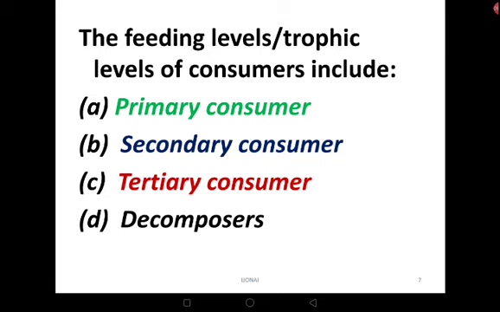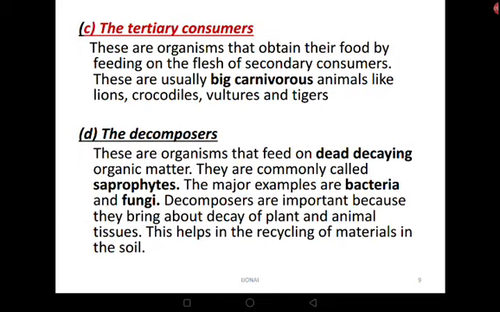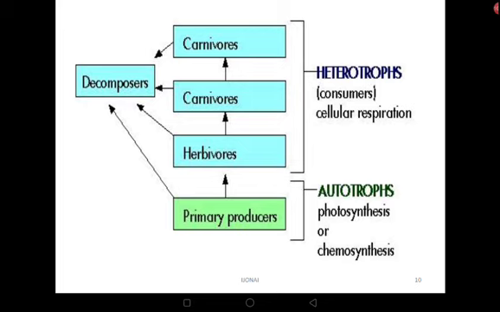So members, we now know the feeding levels of consumers. We have the primary consumer, the secondary consumer, the tertiary consumers, and the decomposer. So I hope you can define them very well. Thank you very much. We can see from here the primary producers are eaten by the primary consumer, which is the herbivore.